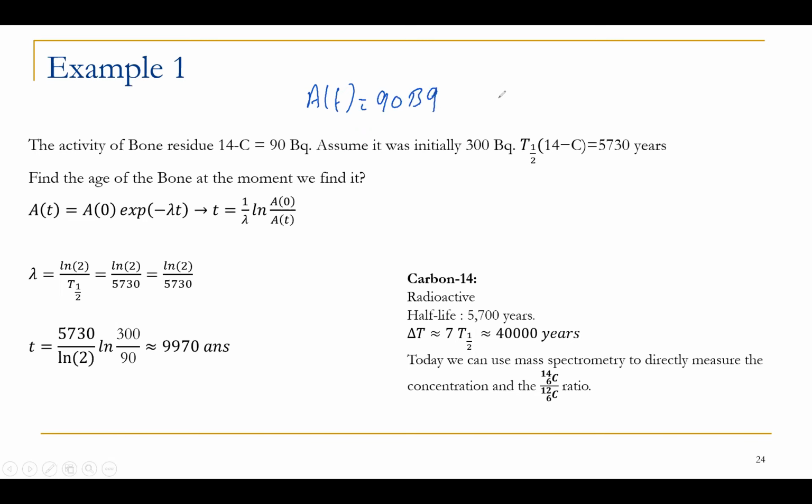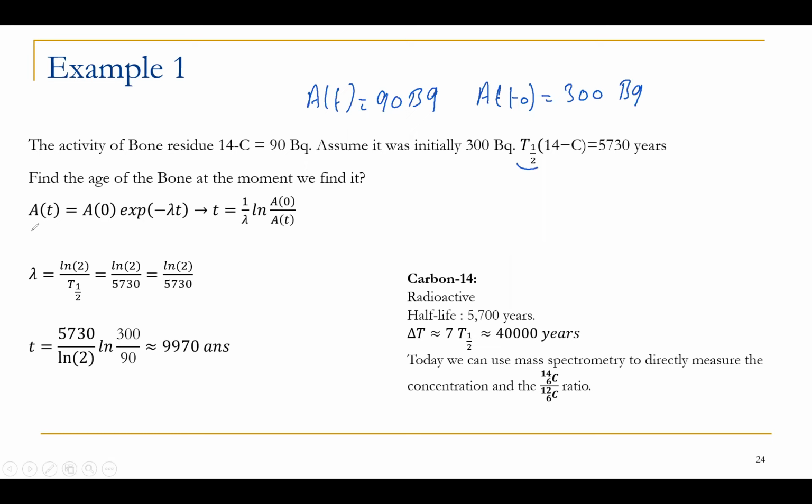Assume it was initially, at time t0, A equals 300 Bq. And I give you the half-life equals 5,730 years. I ask you to find the age of the bone at the moment we find it.